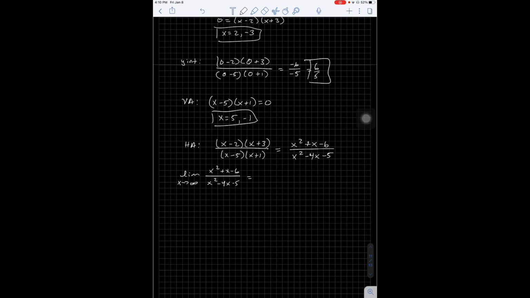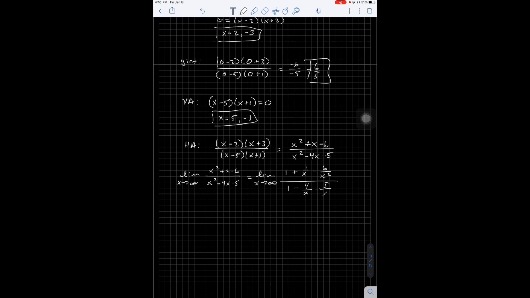And I'm going to divide every term by x squared because that's the highest power in the denominator. And I'm going to do this one in my head and reduce as I go. So x squared divided by x squared is 1. X divided by x squared is 1 over x. 6 divided by x squared is 6 over x squared. X squared divided by x squared is 1. Negative 4x divided by x squared is negative 4 over x.